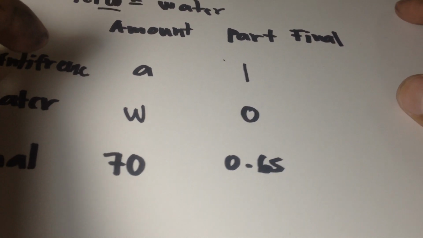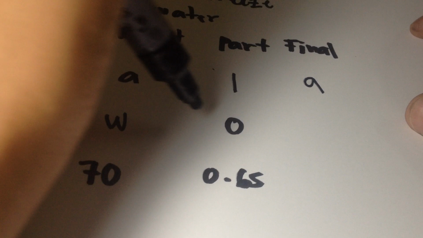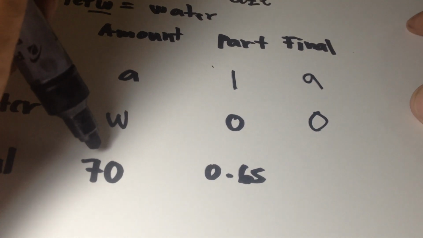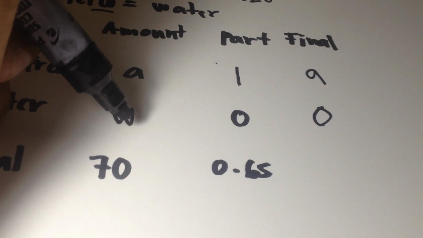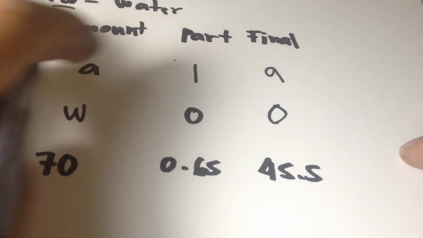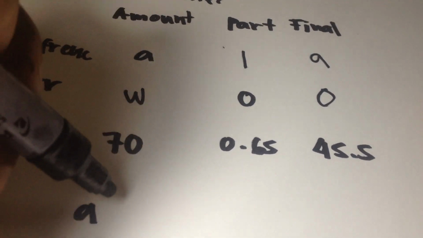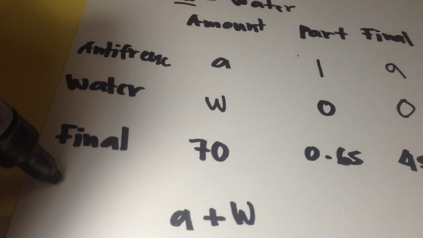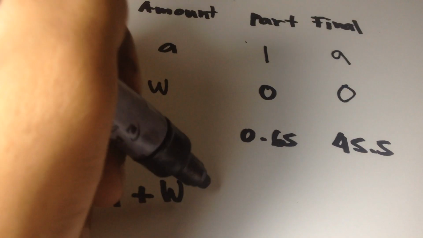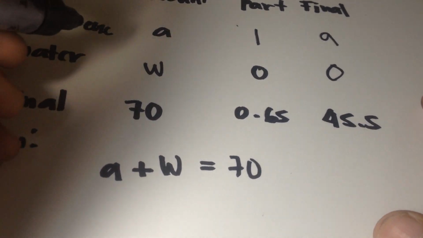Let's multiply again. A times 1 is equal to A. W times 0 is equal to 0. And 70 times 0.65 is equal to 45.5. So let's create an equation. A plus W is equal to 70.